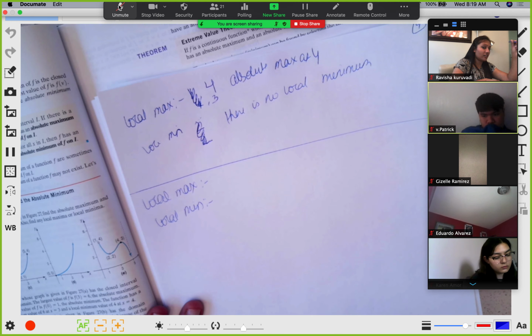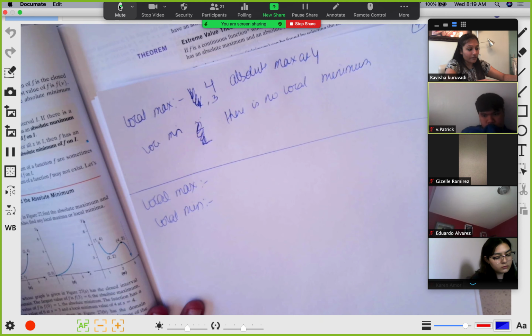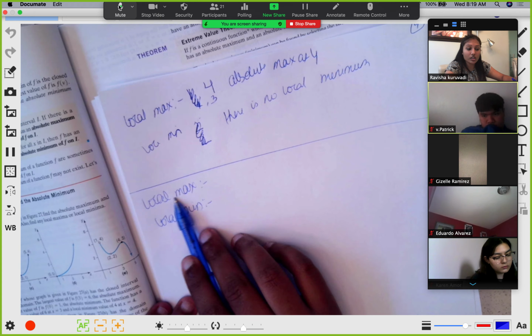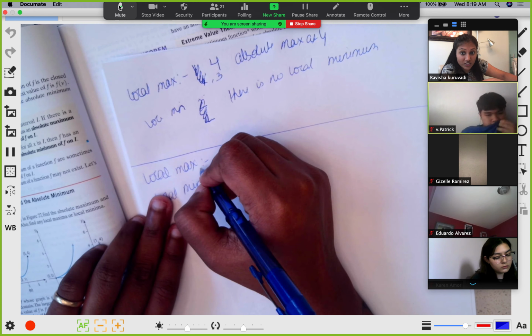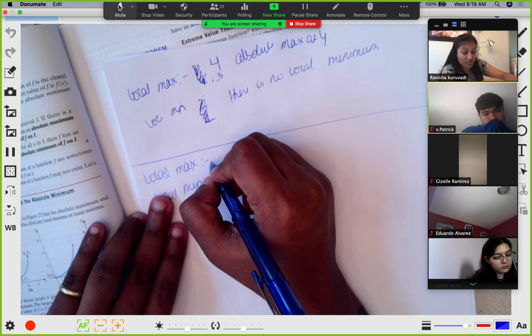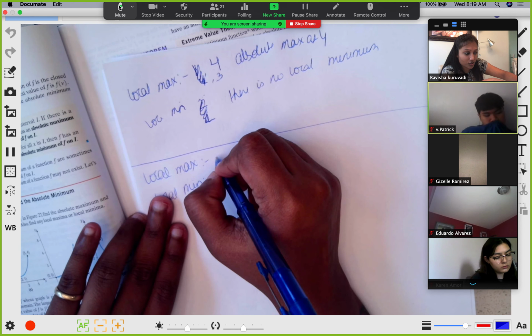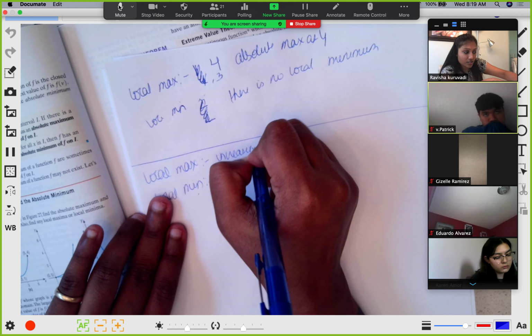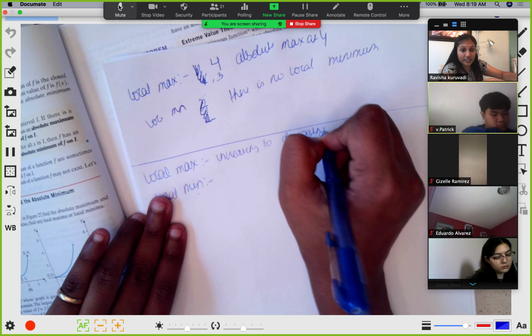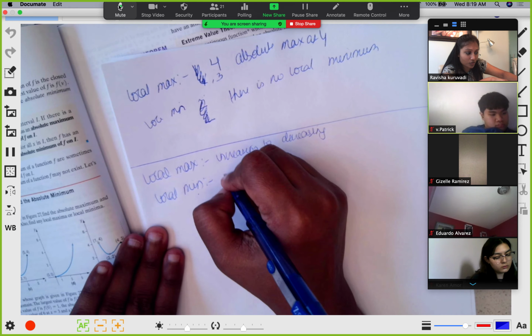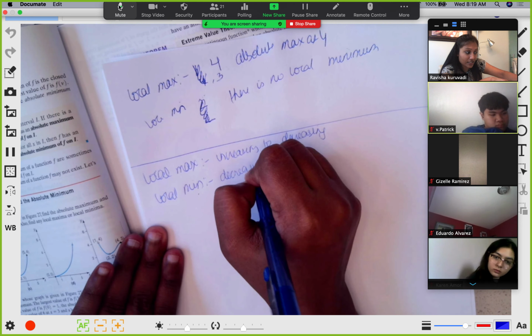Whenever you're talking about local maximum and local minimum, local maximum will always consider points which were going from increasing to decreasing only. And local minimum will always be from decreasing to increasing.